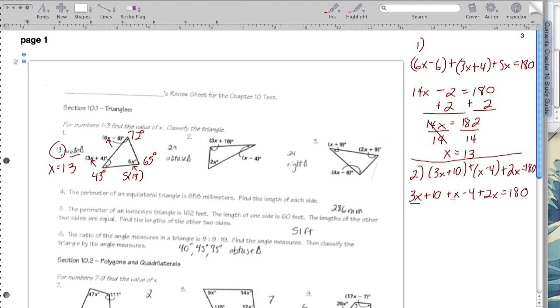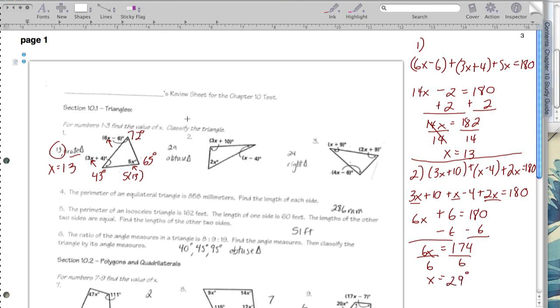The 3x, the x, and the 2x are all like terms. It's going to give me 6x. And the 10 and the negative 4 give me 6. Equals 180. I'm going to subtract 6 on both sides. 6x is equal to 174. The inverse operation is to divide by 6 on both sides. X then equals 29.